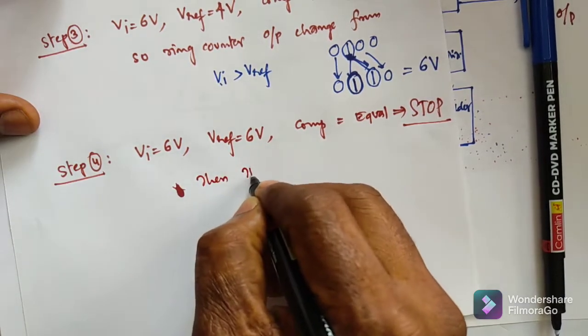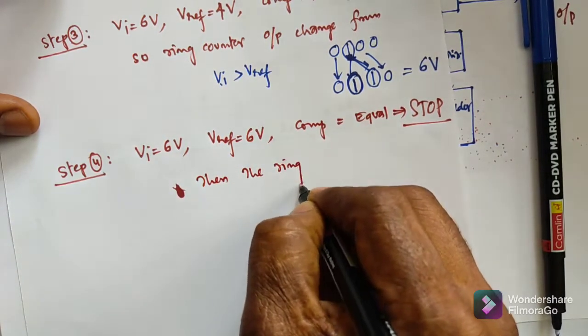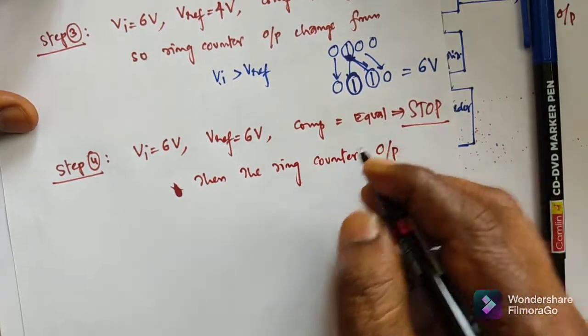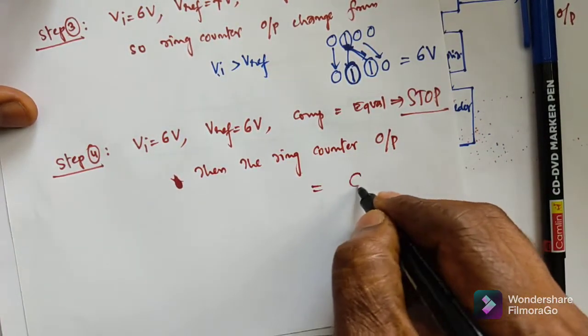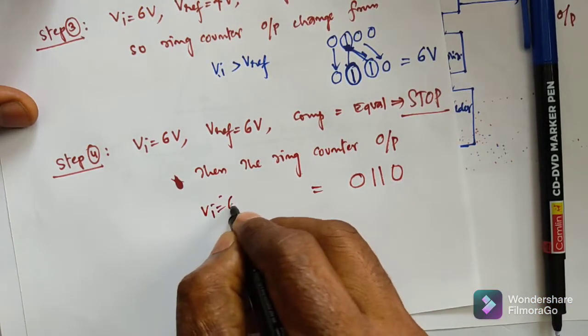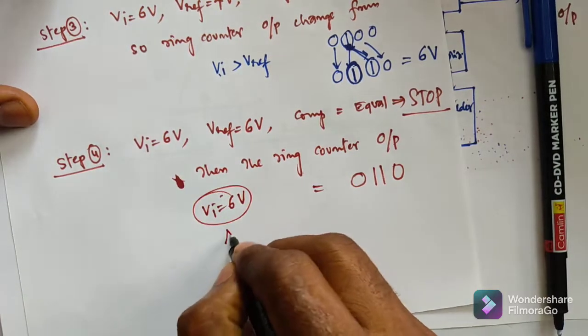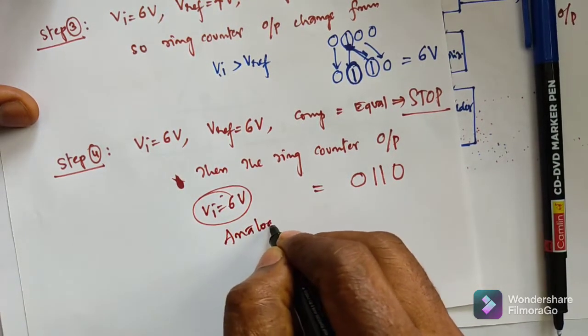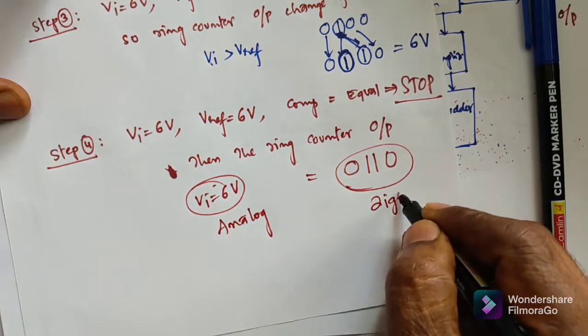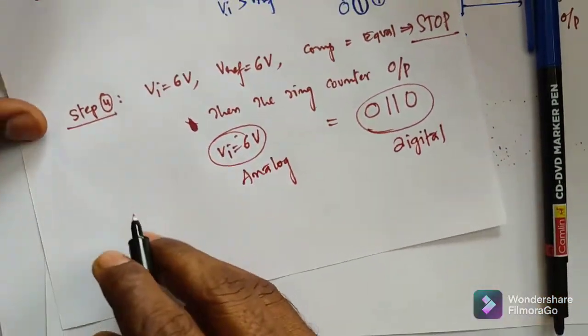The ring counter output is exactly 0 1 1 0 for a VA value of 6. So this is the actual analog input, and this is the digital output.